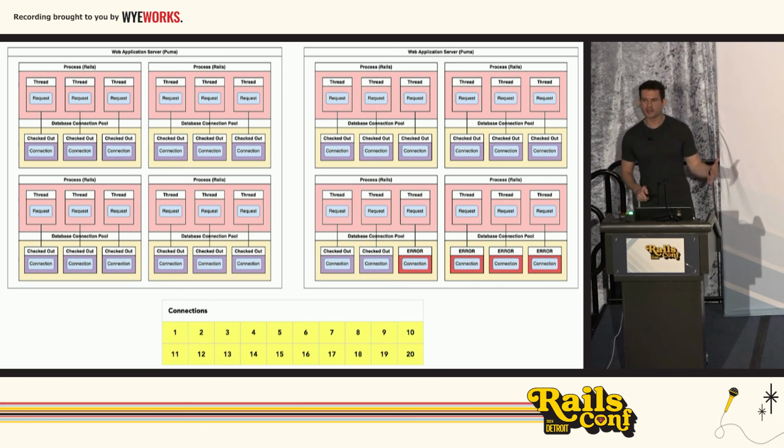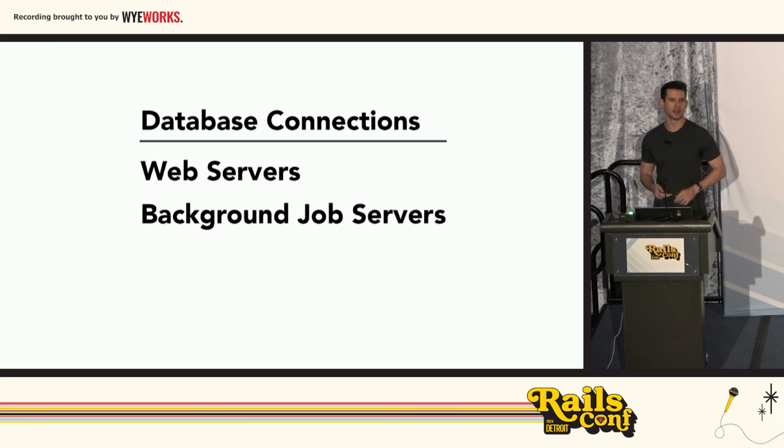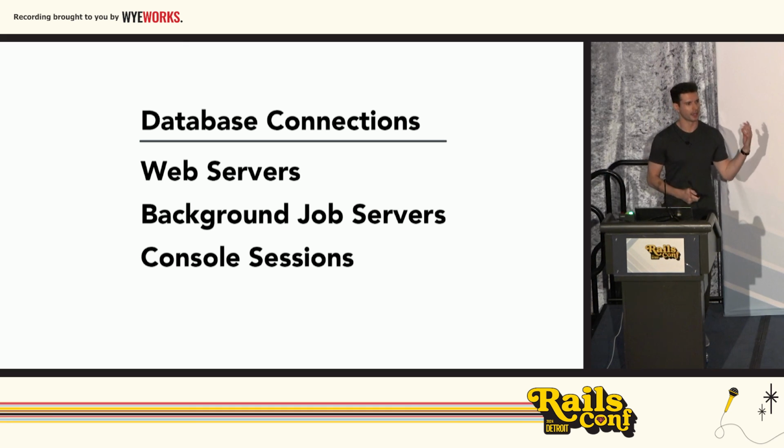So the connection limit is an important thing to consider, as it really sets a ceiling on how far we're able to scale by number of processes and threads. Consider, too, that apart from the database connections we might need to support our web servers, we'll also want to factor in an appropriate amount of connections for servers running background jobs, and a little buffer space for one-off processes like console sessions and other tasks.